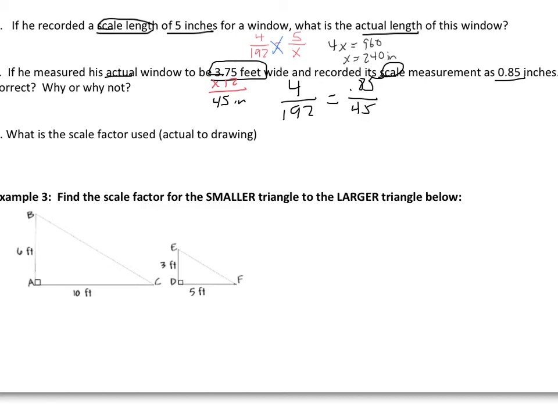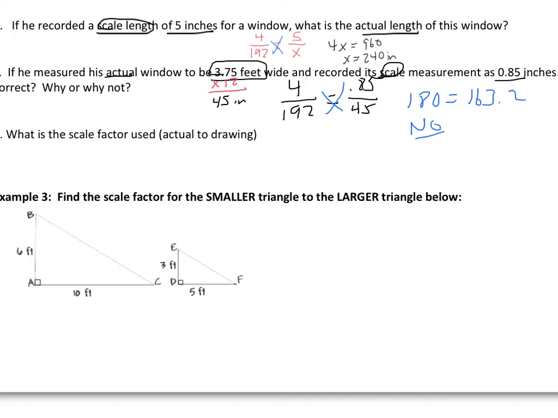Now if these are proportional and everything is good, the cross products will be equal. And if I cross product this, I get 180 equals 163.2. In other words, 4 times 45 is 180. 192 times 0.85 is 163.2. So, no, this is not accurate.